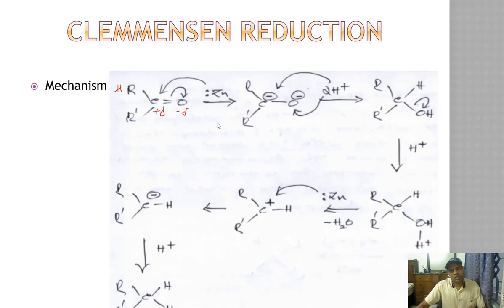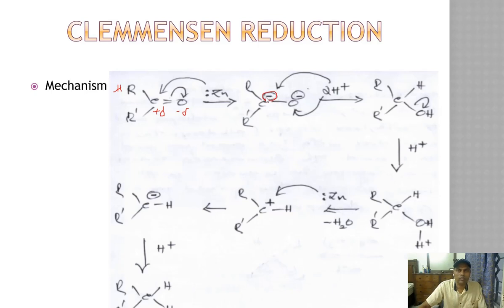Now zinc, as a catalyst, is an electron donor. It will have free electrons to give out. So it is going to attack on this partially positive carbon.